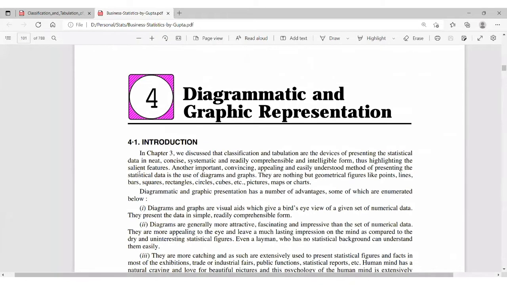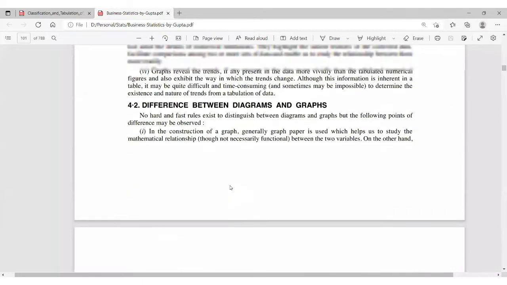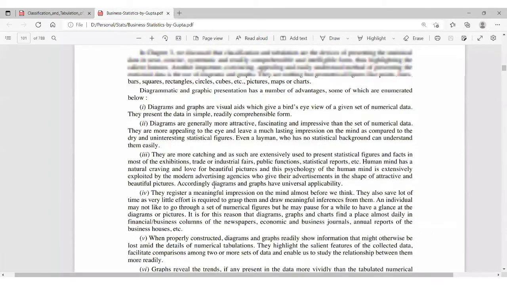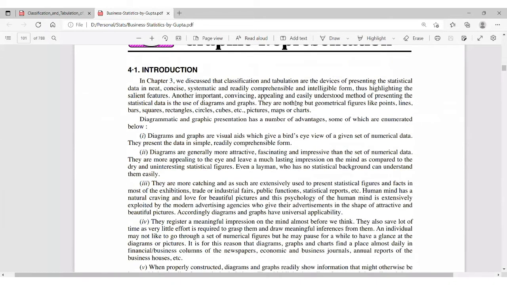Diagrammatic and graphical representations. Diagrams are how we represent the data in diagrammatical or graph form.